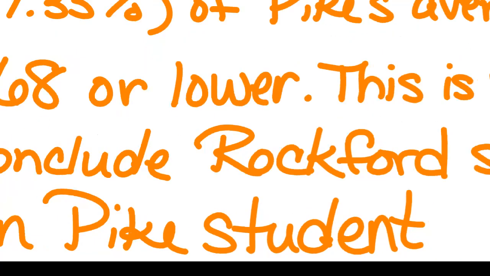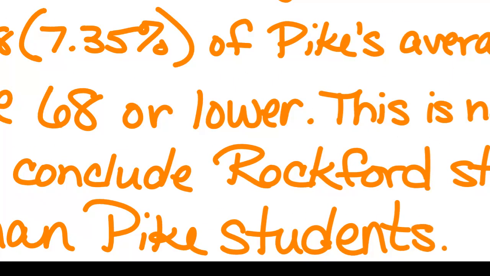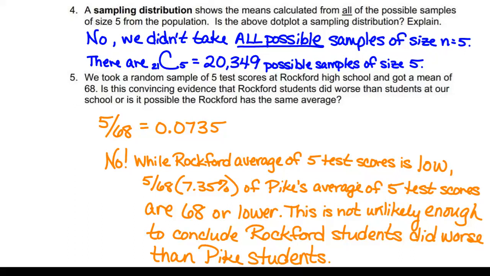If we'd gotten below 5%, then we would say, yeah, we have convincing evidence that the Rockford students did worse on this test than the Pike students.